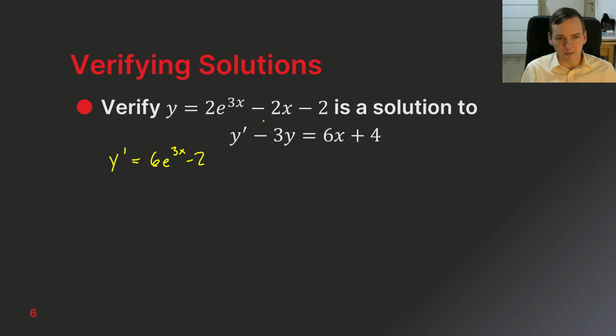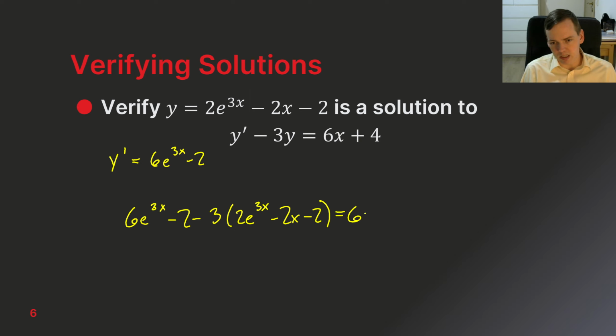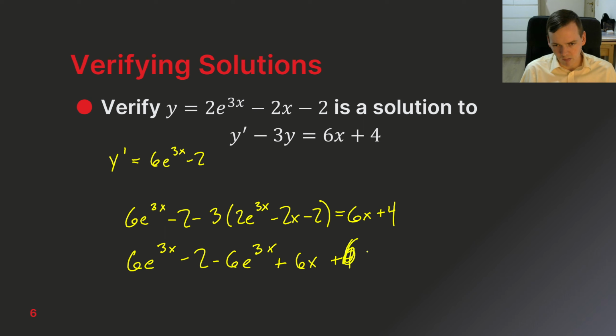And then I can just plug in y primes and y's, and so that would be 6e to the 3x minus 2, minus 3 times 2e to the 3x minus 2x minus 2, is equal to 6x plus 4. 6e to the 3x minus 2, minus 6e to the 3x, plus 6x plus 4, plus 6 equals 6x plus 4.